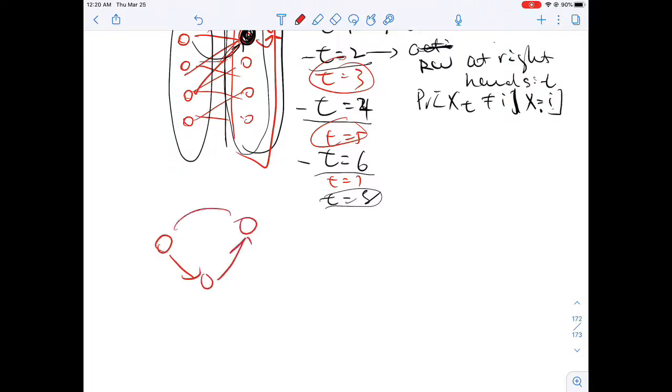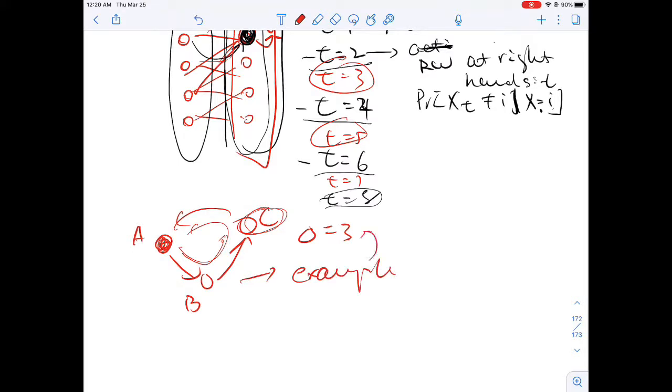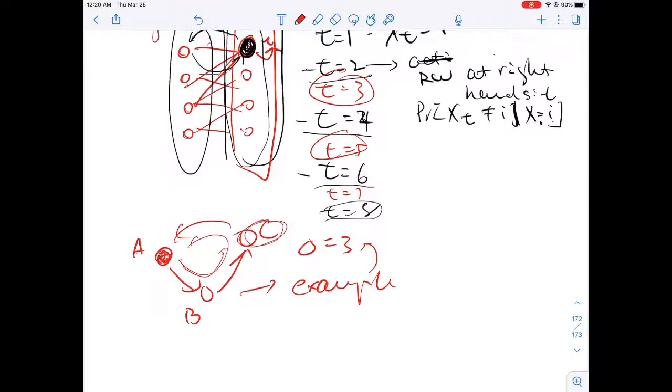In this case, delta equals 3. If I start with A, every 3 steps I return to A. But if I only walk using 2 steps, I can only reach C. So this is an example of a periodic state with delta equal to 3.